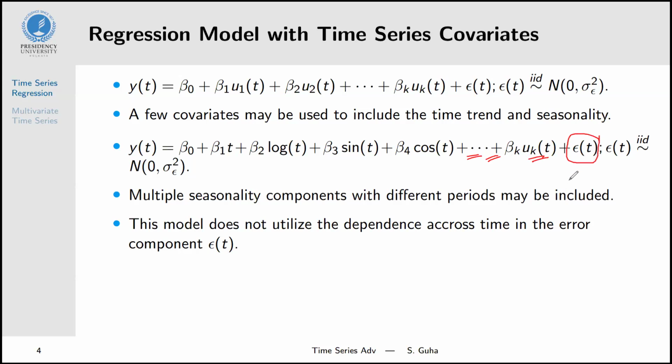But it is clear that these other uncontrollable factors will also be time series. For example, it may involve something like ultraviolet radiation. That may be some kind of influencing factor.